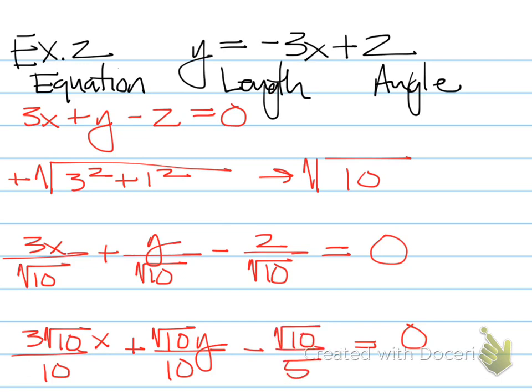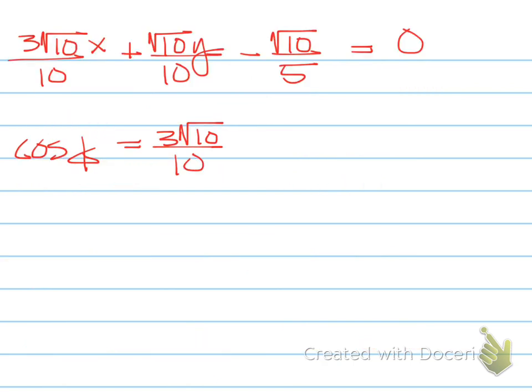Alright, and so now that I have my equation, I can identify what phi is by setting cosine of phi equal to 3 root 10 over 10.